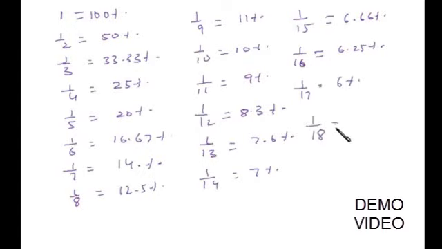Similarly, 1 by 18 is half of 1 by 9, so around 5.5%. Then 1 by 19 will be around 5.2%, and 1 by 20 will be half of 1 by 10, that is 5%, right? So this much you should be aware of, and keep it at your fingertips, right?